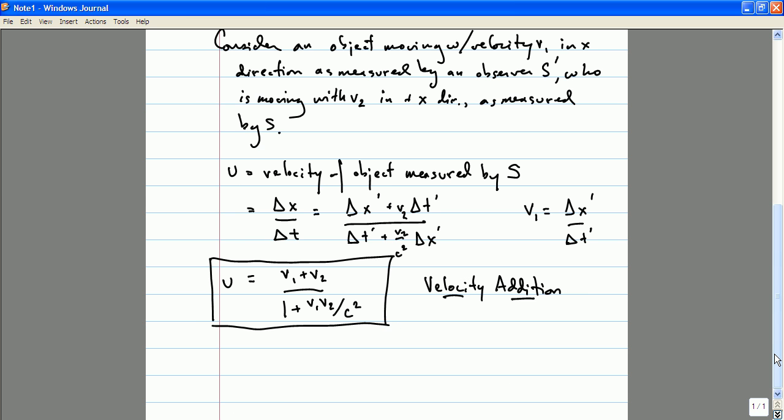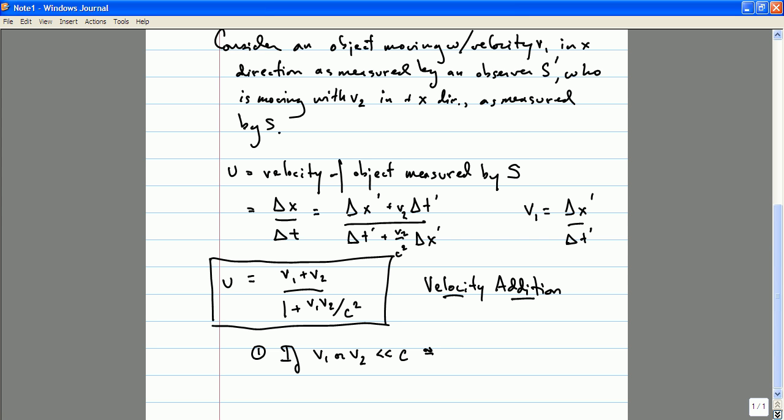So let me make a few comments about this. First of all, what I would like to note is that if either v1 or v2 is much, much less than the speed of light, then the denominator in this formula is very close to 1.